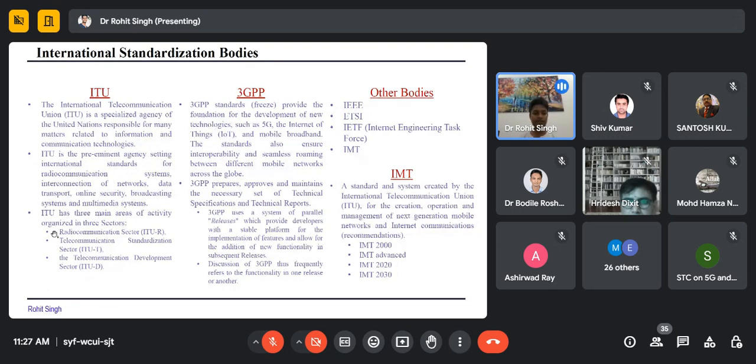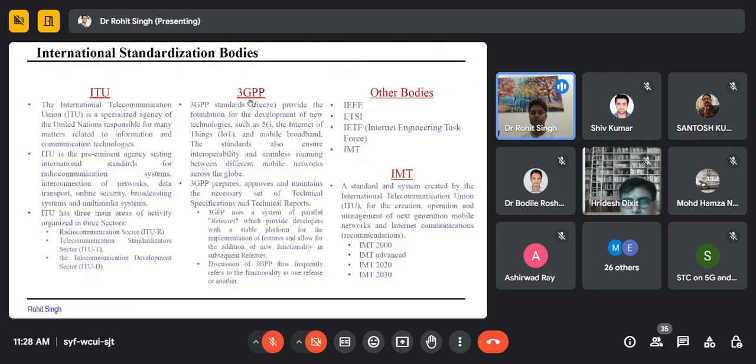Majorly, there are three subparts in this organization: ITU-R, which takes care of radio communication recommendations; ITU-T, which takes care of the standardization sector in telecommunication; and the last one, the development sector of ITU, known as ITU-D.